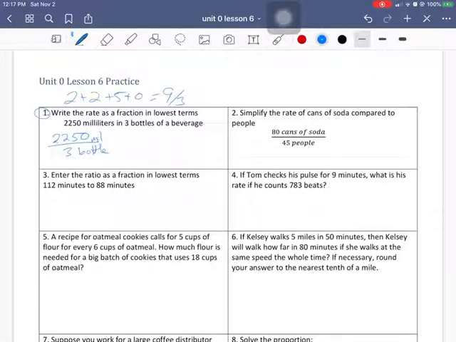So I get out my calculator and I go 2250 divided by 3, and I get 750 milliliters per bottle. That is considered a unit rate, right? They didn't ask that, but oops. Whoa. Sorry. Here we go.